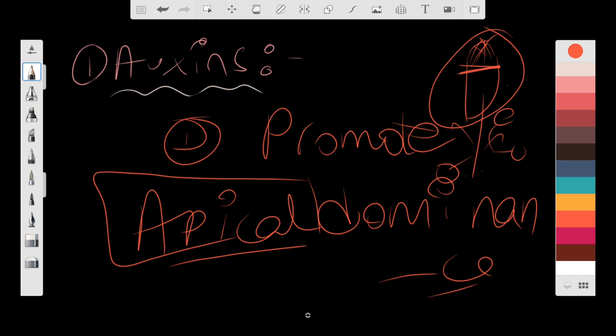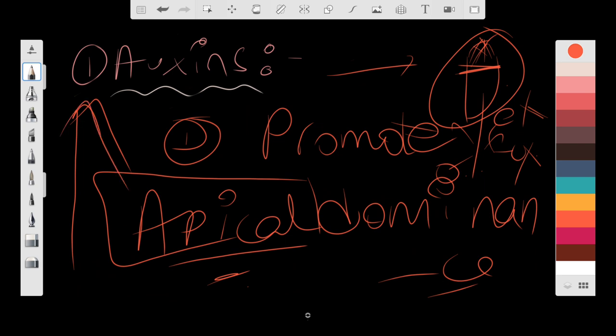Now what happens is, if this apical bud is there, this apical bud in the presence of auxins would not let these lateral buds grow. It inhibits the growth of lateral buds, and it helps the plant to grow only in this manner, only like this.